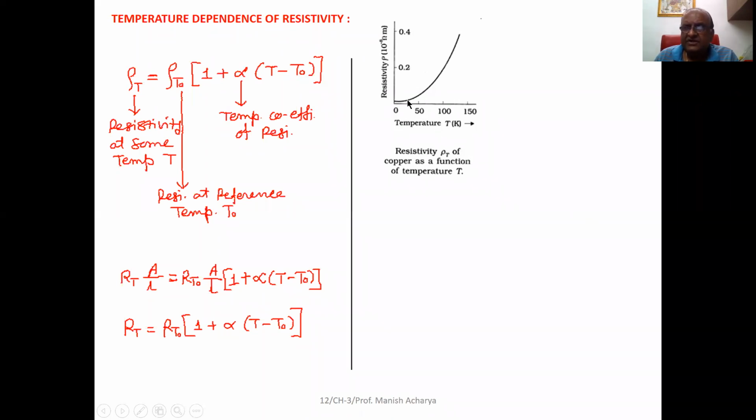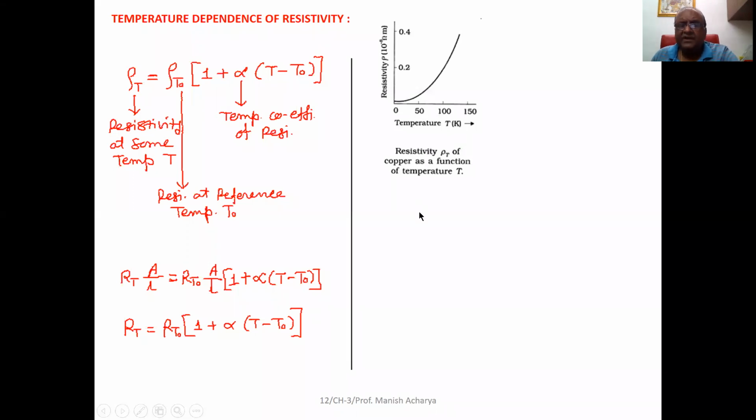As temperature increases, initially the resistivity increases very slowly up to 50 Kelvin. But after 50 Kelvin, the increase in the resistivity with temperature is considerable.